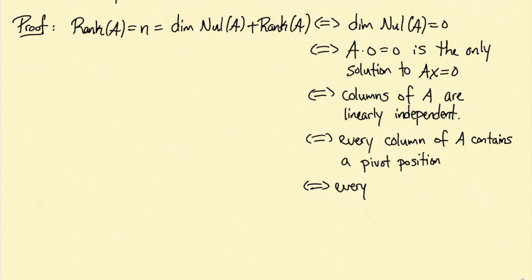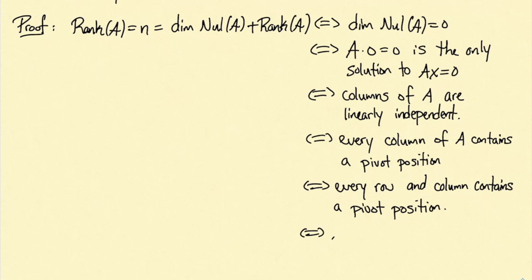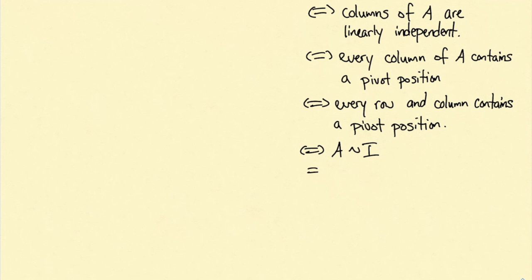Because A is square, A has a pivot in every column if and only if it also has a pivot in every row. But this tells us that A must be row equivalent to the identity matrix. And finally, a matrix is row equivalent to the identity matrix if and only if it is invertible.